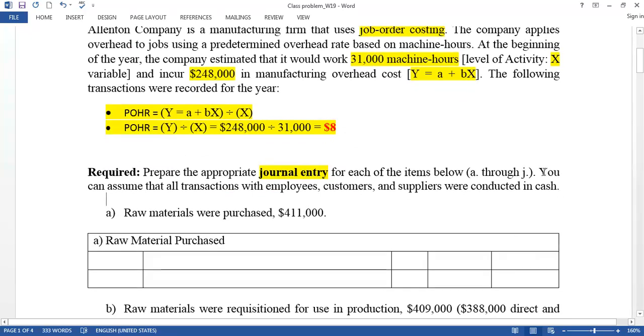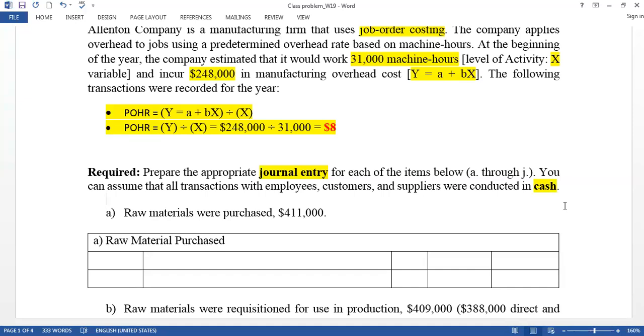Now you can assume, this is important, that all the transactions with employees, customers, and suppliers were conducted in cash. So all transactions are related with cash. Last class, I told you that we may have some transactions related with cash and some not.